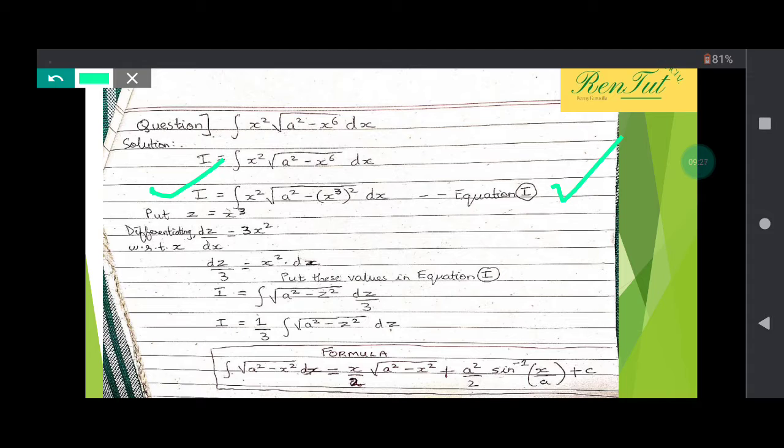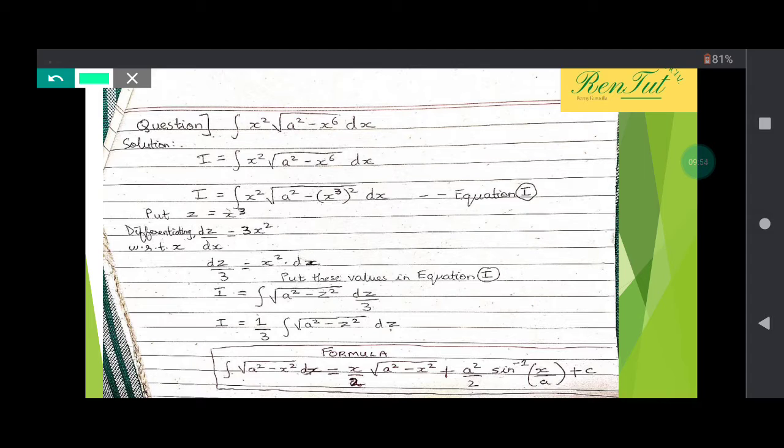So our equation number 1 is I is equal to integration of x square under root of a square minus x cube the whole square, the under root is over, and outside the under root is dx. Now we can solve this by substitution.